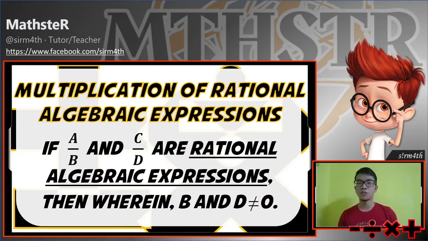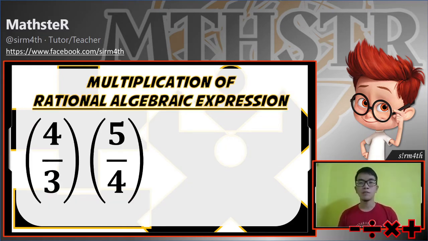Multiplication of rational algebraic expressions. If A over B and C over D are rational algebraic expressions, then B and D are not equal to 0. Sa multiplication of rational algebraic expression, simulan ko sa multiplication of fraction.